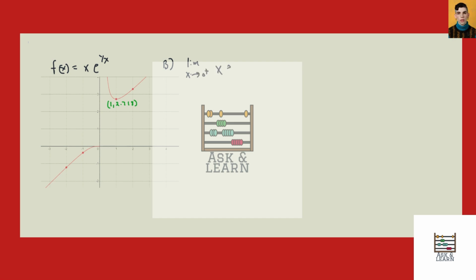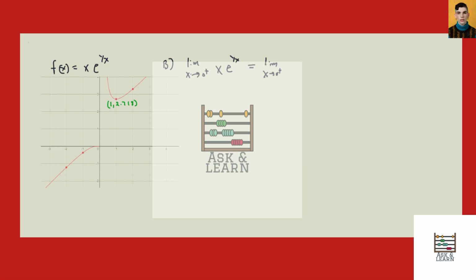If we have x times e to the 1 over x and we were to just plug in 0, well, from the right, x goes to 0, and then 1 over x would go to positive infinity, and e to the positive infinity is going to go to infinity.